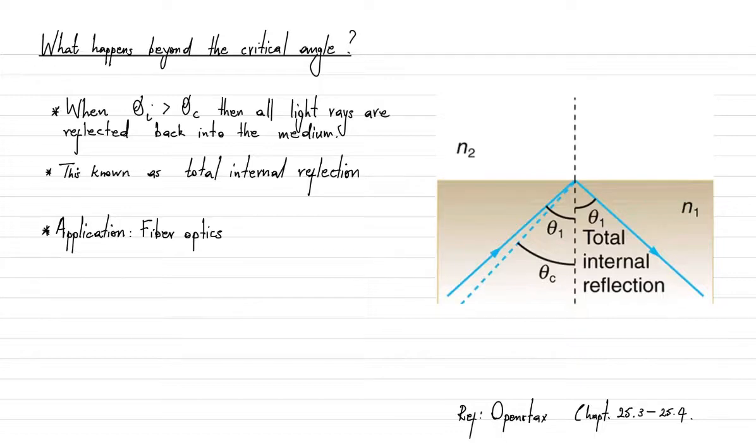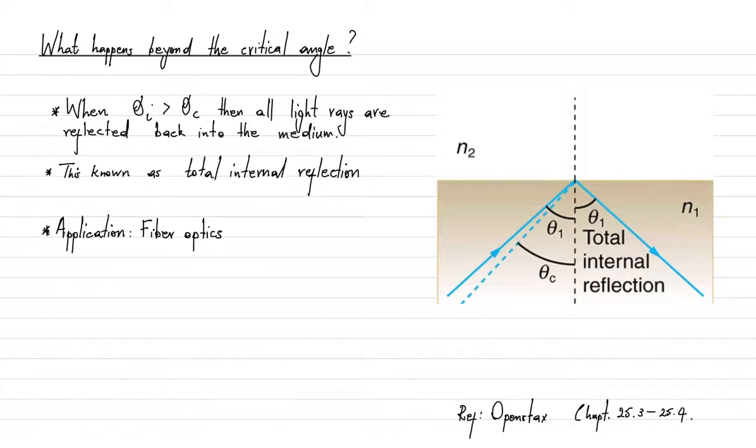Actually, this is exactly how fiber optics work. You have light that is trapped, kept inside a clear tube, which is the fiber.